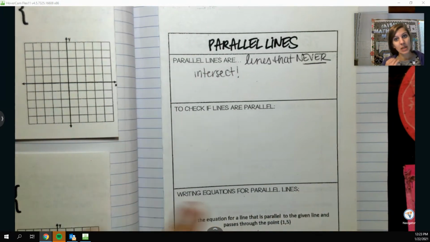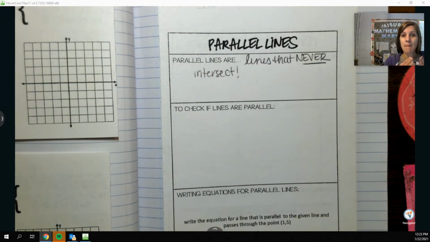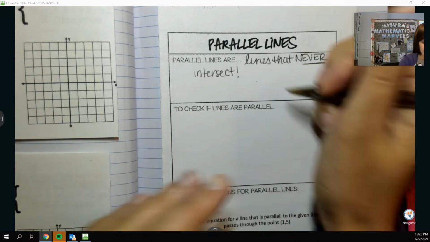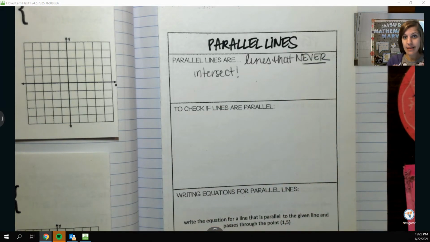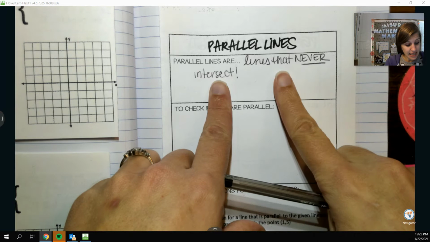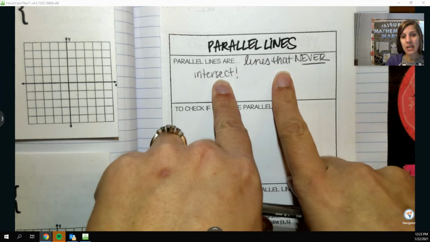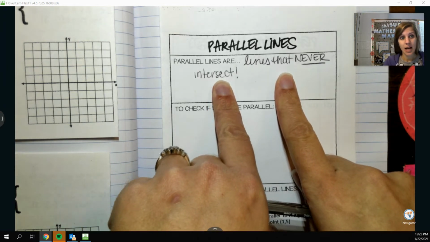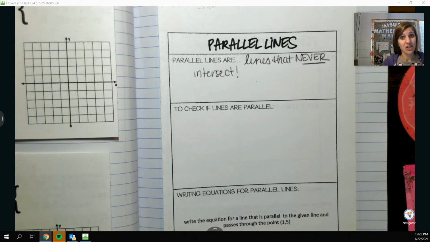But more importantly, what that means mathematically is that when I'm looking at the equation of a parallel line, I can see probably in a picture of a graph. I mean, to know that they never intersect, I'd have to see the whole thing, and lines go on forever. You can't see that. But you can probably tell based on some numbers.